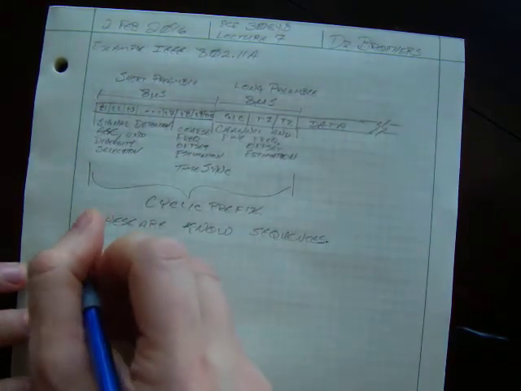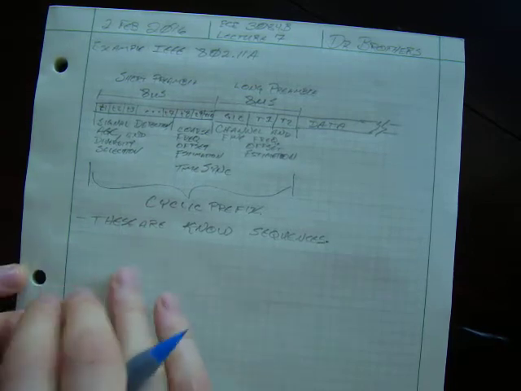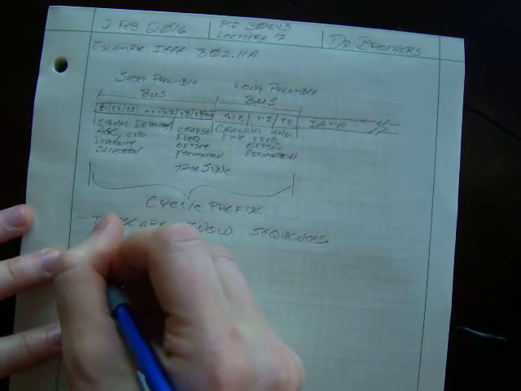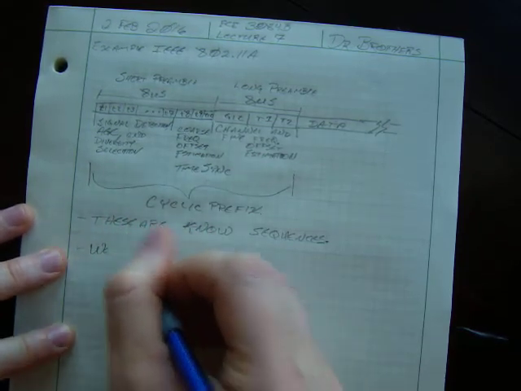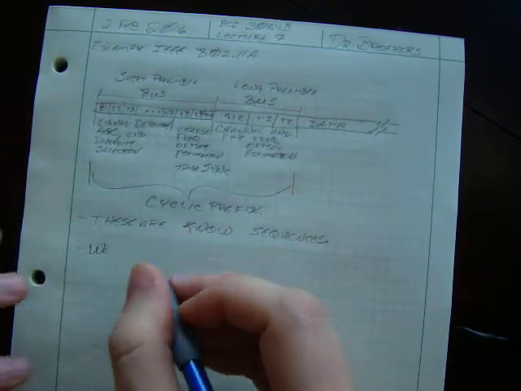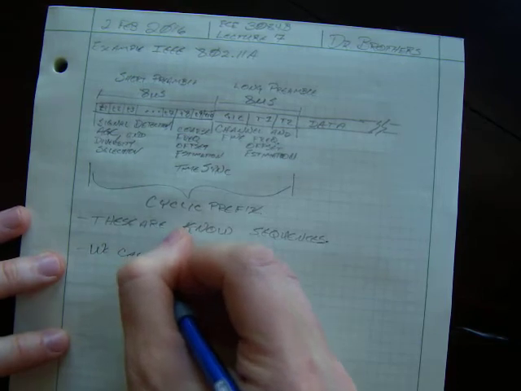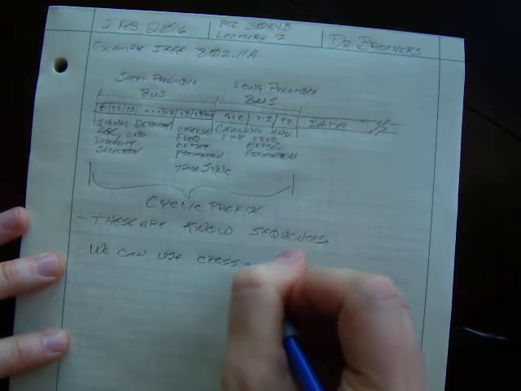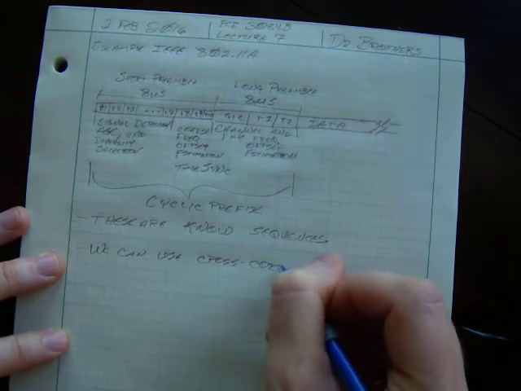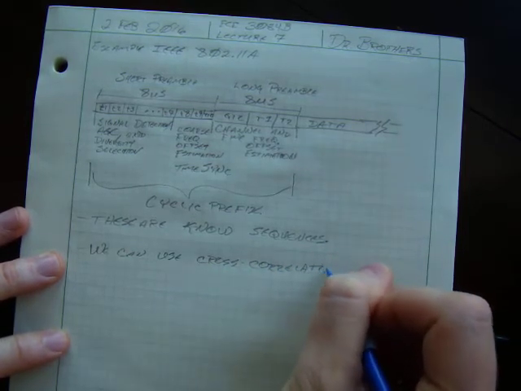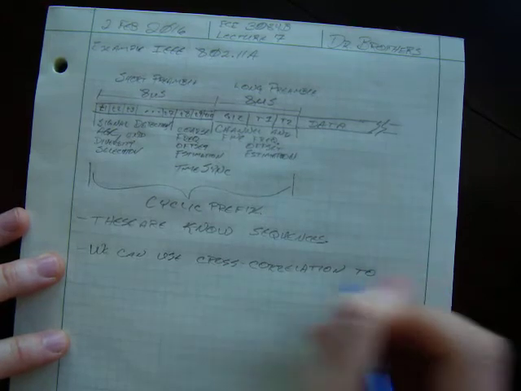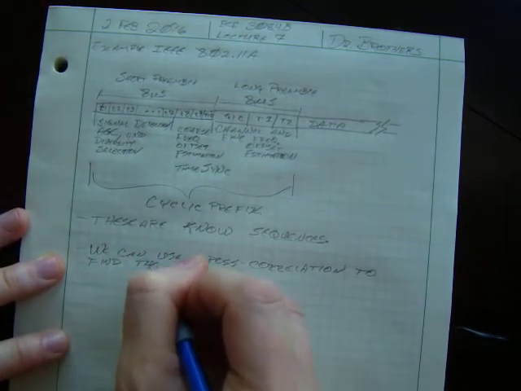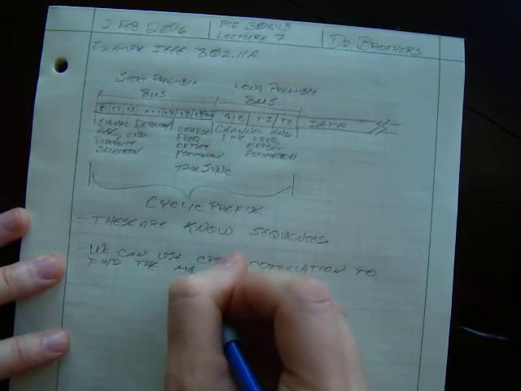So, given a known sequence, we can use cross-correlation. For this example, what we're going to look at in this class first, we can use cross-correlation to find the maximum correlation peaks.